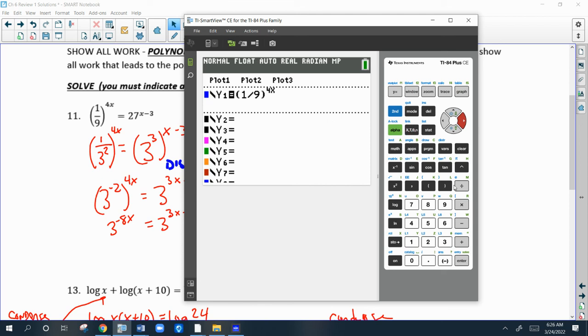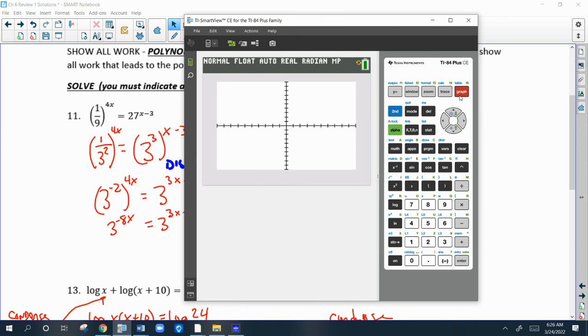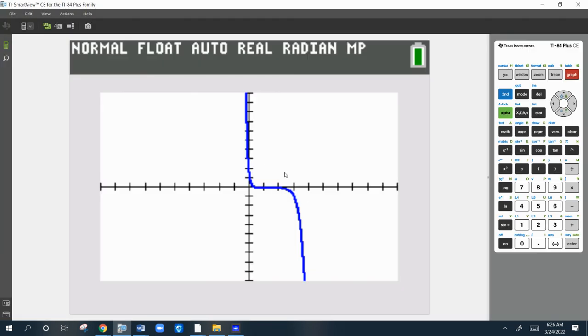And then I have to subtract the 27 to the x minus 3. So there it is. It's somewhere here. When you do these exponential functions, you can't really tell where it goes through. That's the importance of actually using the zero calculation.